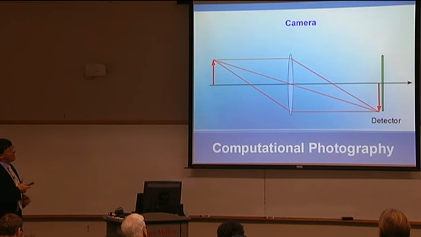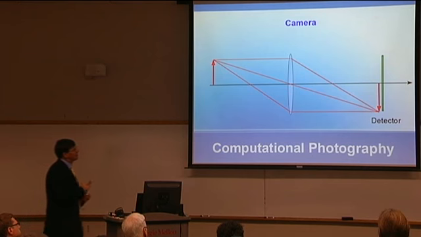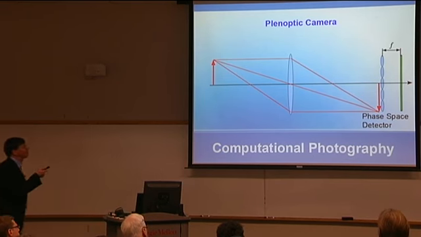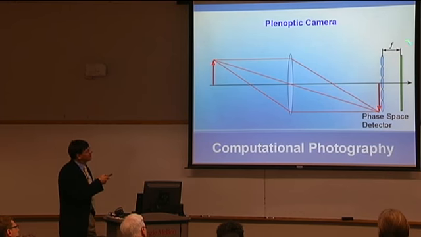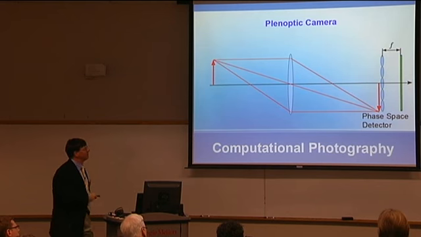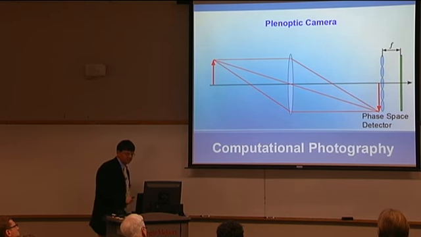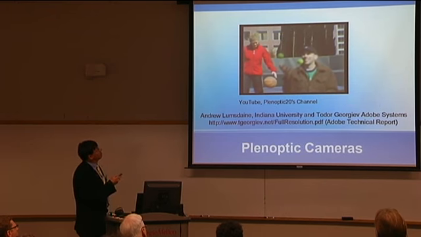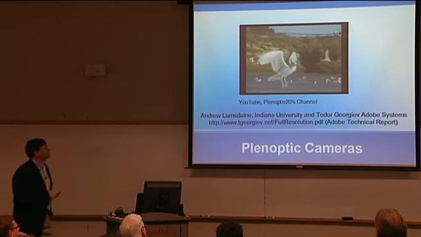level. And talking about integral photography, of course, the phase-space detector is also an integral part of what is called a plenoptic camera. So we replace our detector array with a phase-space detector, and we can use this to focus after the fact.